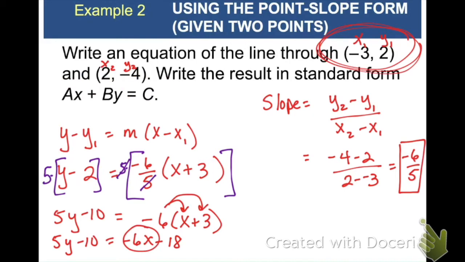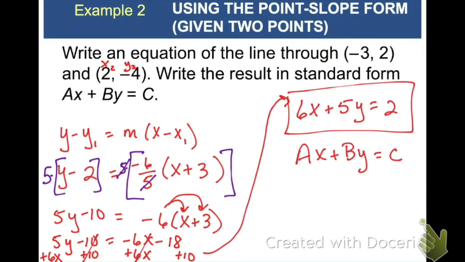So I want to move this 6x over to the other side. So I'm going to add 6x to the other side and put it in the front, and I'm going to add 10 to the right-hand side. So those are going to cancel, those are going to cancel. So after I rearrange it, I have 6x plus 5y equals 2. And that is standard form. I got the x term plus the y term equals the constant.